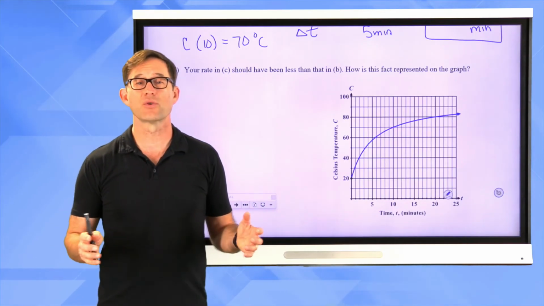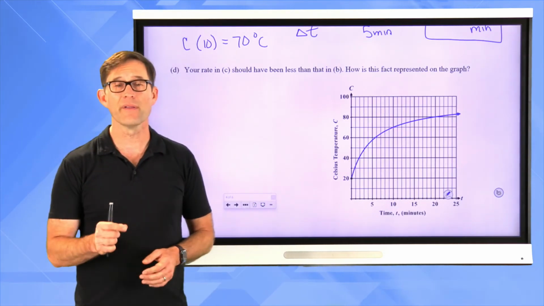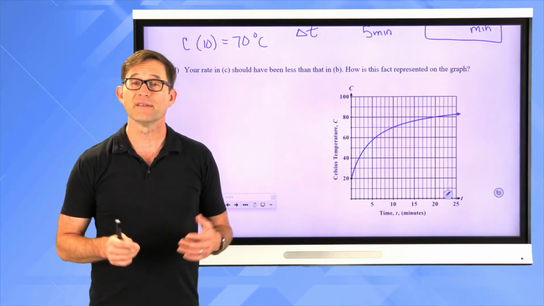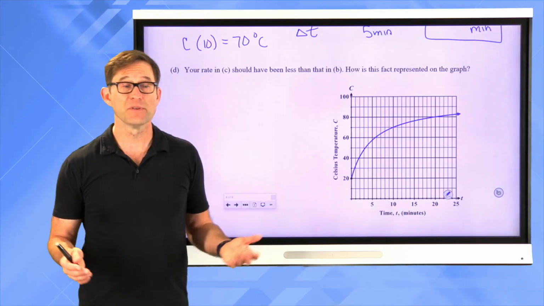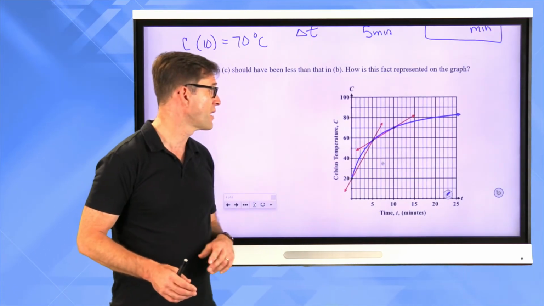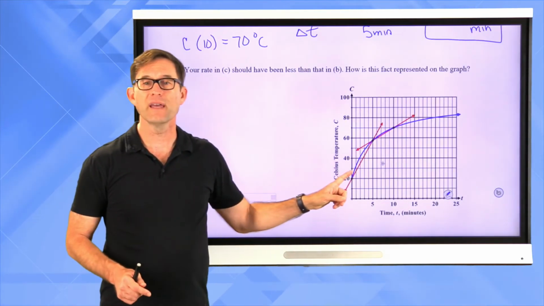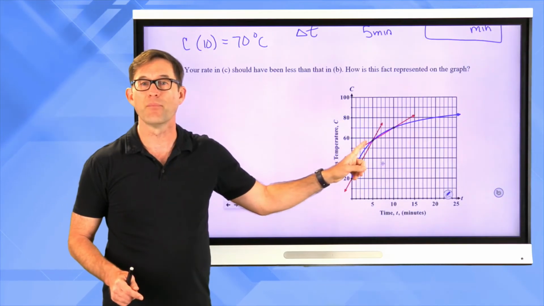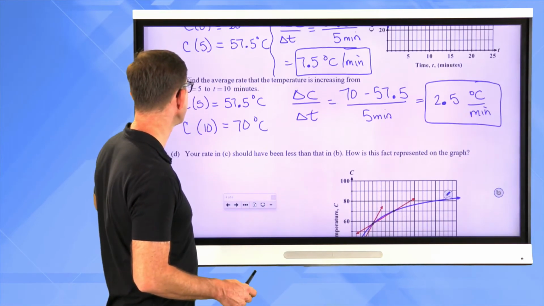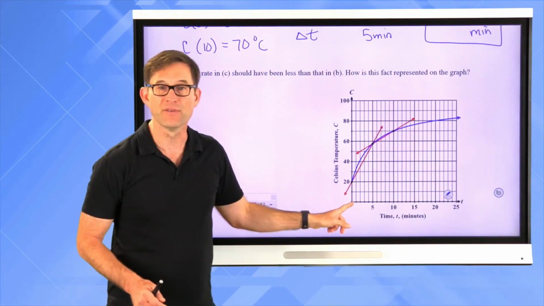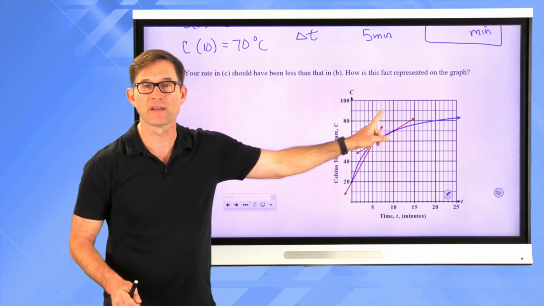Well, one of the keys to really understanding this is that the calculation for average rate of change is actually the calculation of a slope of a line. Specifically, if I take the point at 0, 20 and the point at 5, 57.5, I have that particular line.